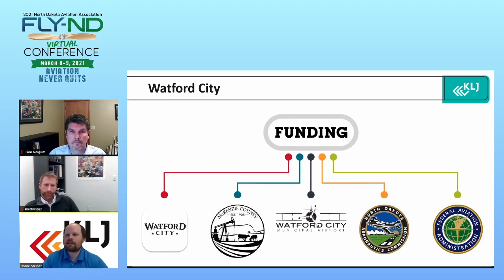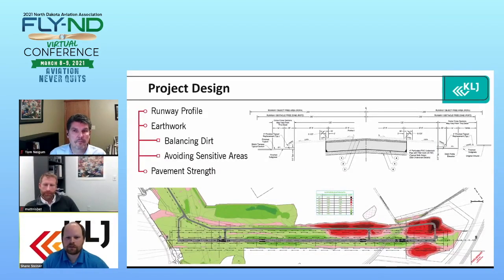So if you want to go to the next slide, Tom, we'll get into a couple of the design elements that were challenging and unique for the project. The first is, as Matt mentioned, the runway profile. We had some terrain constraints where the elevation going from north to south, or on the slide here from left to right, went up at about a 2% slope.